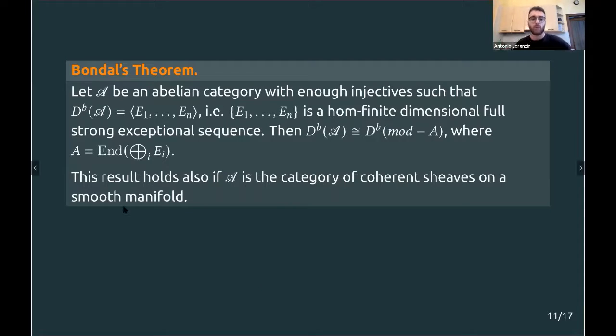In fact, this result also holds if A is the category of coherent sheaves on a smooth manifold. And if you want to read the Bondal article about this, you will see that he states this for the category of coherent sheaves, and then he explains how the proof can go for abelian categories with enough injectives. But I thought, as we are in a categorical symposium, it was better to talk about abelian categories instead.